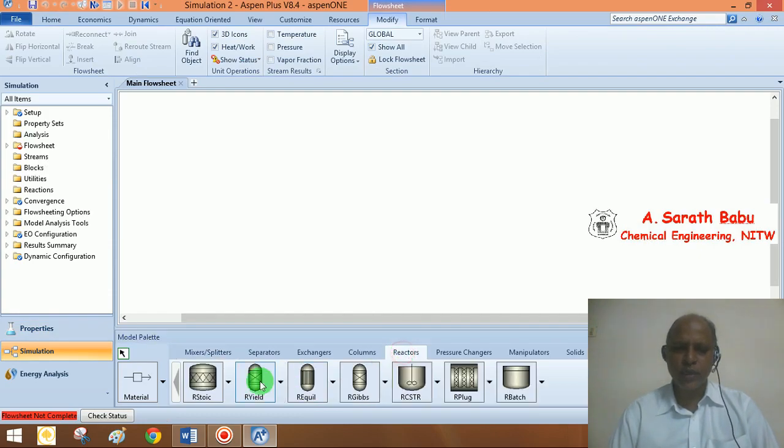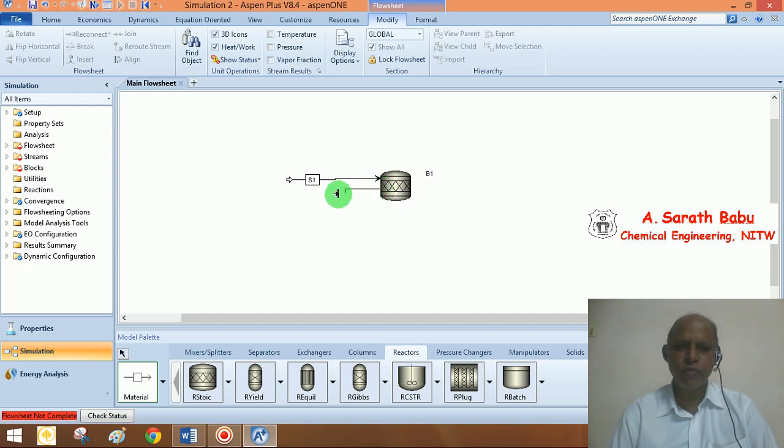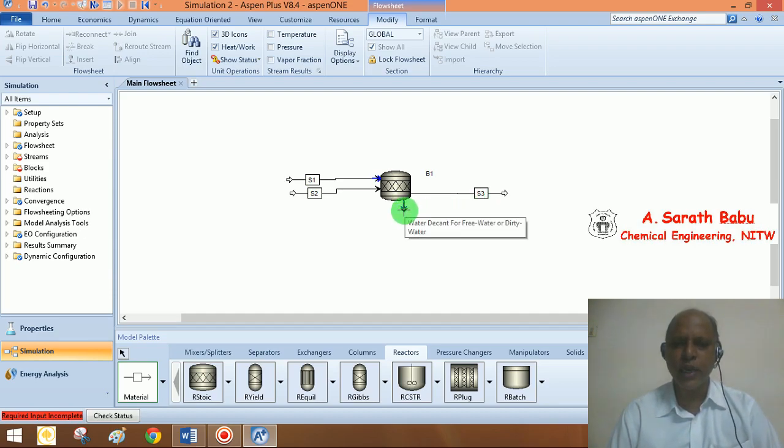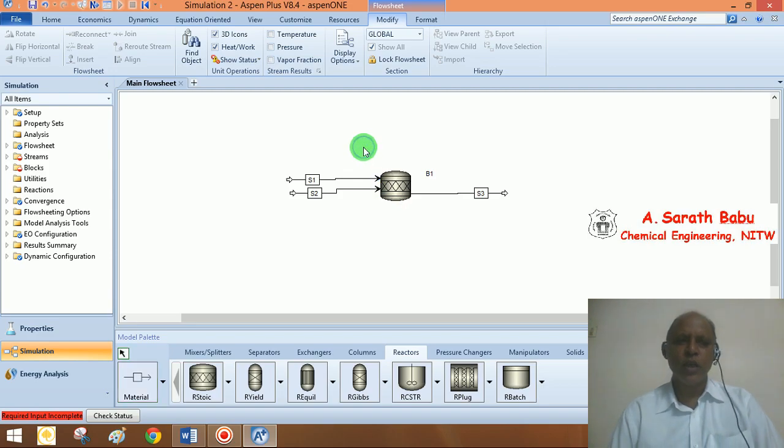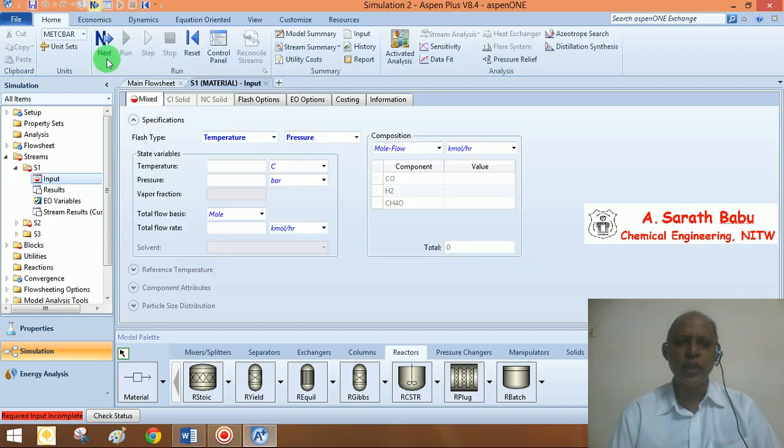So click on the reactors tab, choose the R-stoic model, connect input and output streams. And then product. There are two reactants and one product. As is the case, this is meant for water decant, which is not mandatory. So having drawn the flow sheet, now we'll be able to go into the next input screen.